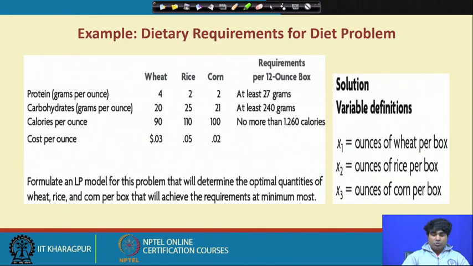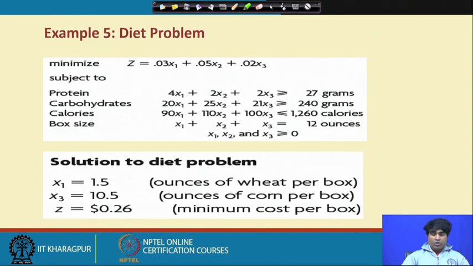So, corresponding to this, the particular formulation will be minimizing z subject to all the constraints, and typically the issue is here. So, this is a minimization objective function, and we have 4 constraints. 2 are greater than type, 1 is less than type, and 1 is equality type, and this is a different kind of situation.